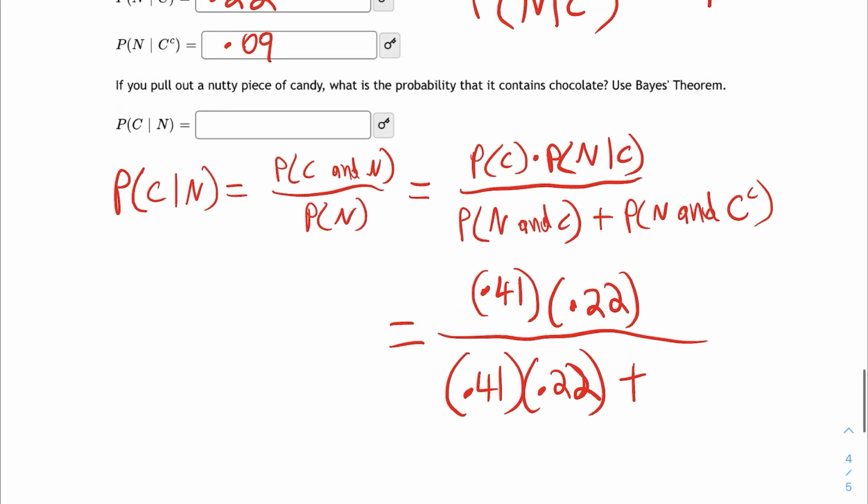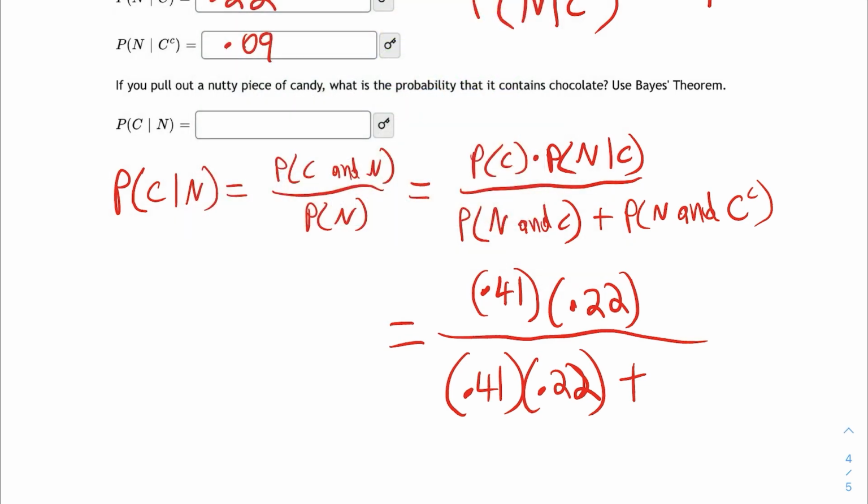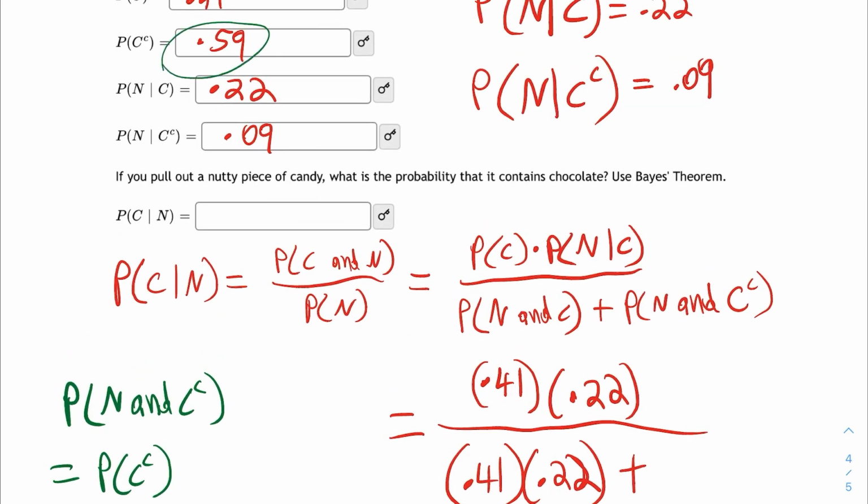Well, if I write it out the way this one is written, as a product of a marginal and a conditional, let me do it in a different color here so we don't confuse it. That would mean that the probability of N and not C, C's complement, would be equal to the probability of C's complement, which is something we have. We have the probability of C's complement as 0.59.